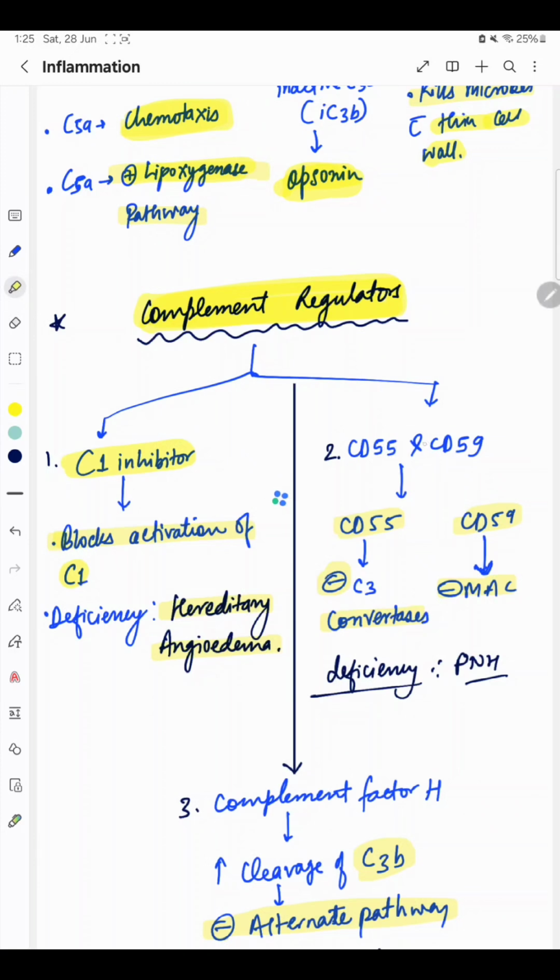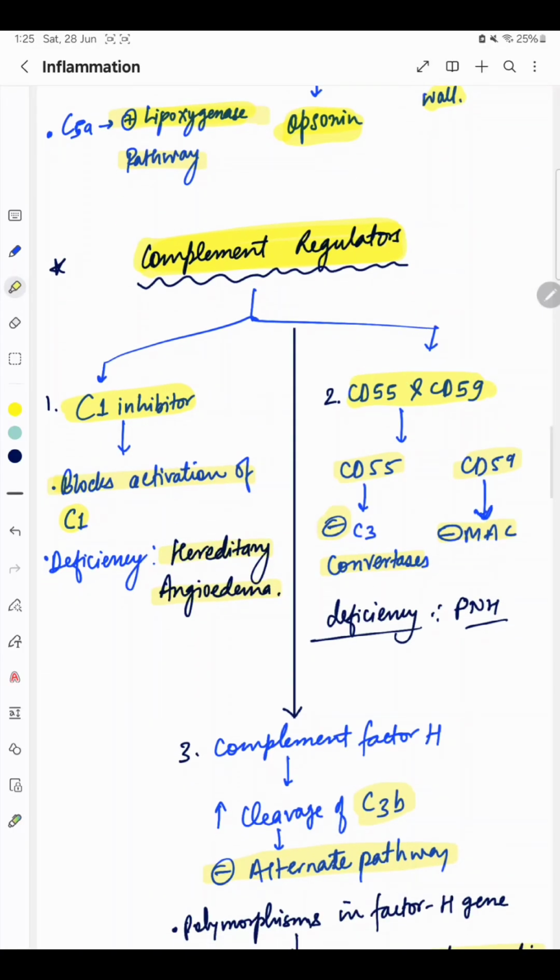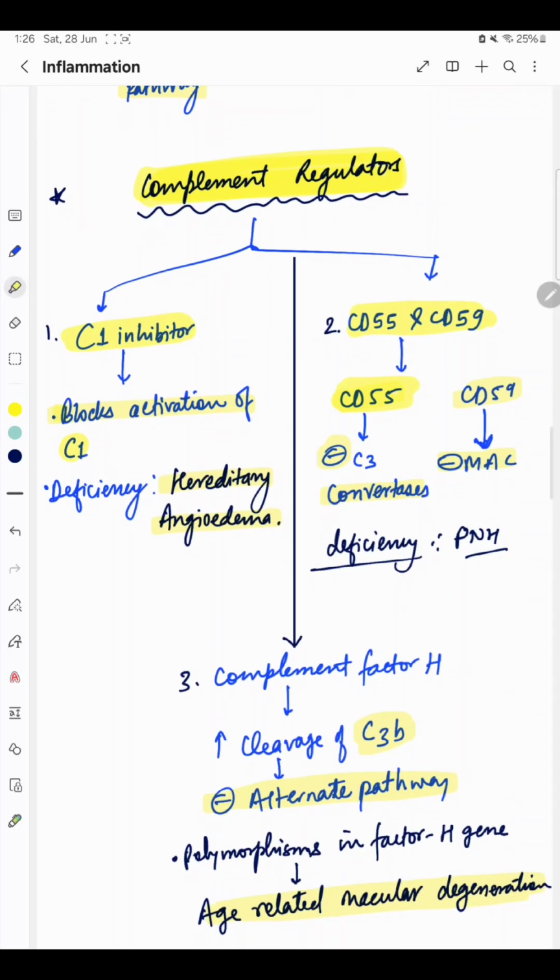Other regulators are CD55 and CD59. CD55 inhibits C3 convertase and CD59 inhibits membrane attack complex. Deficiency of these is seen in the condition of PNH, paroxysmal nocturnal hemoglobinuria, which is a type of hemolytic anemia, which we will discuss later in the hematology.